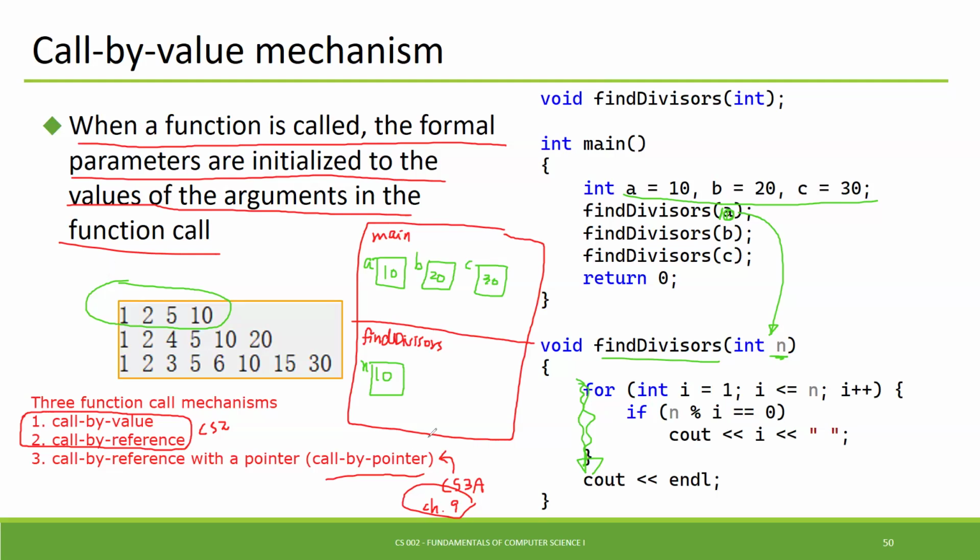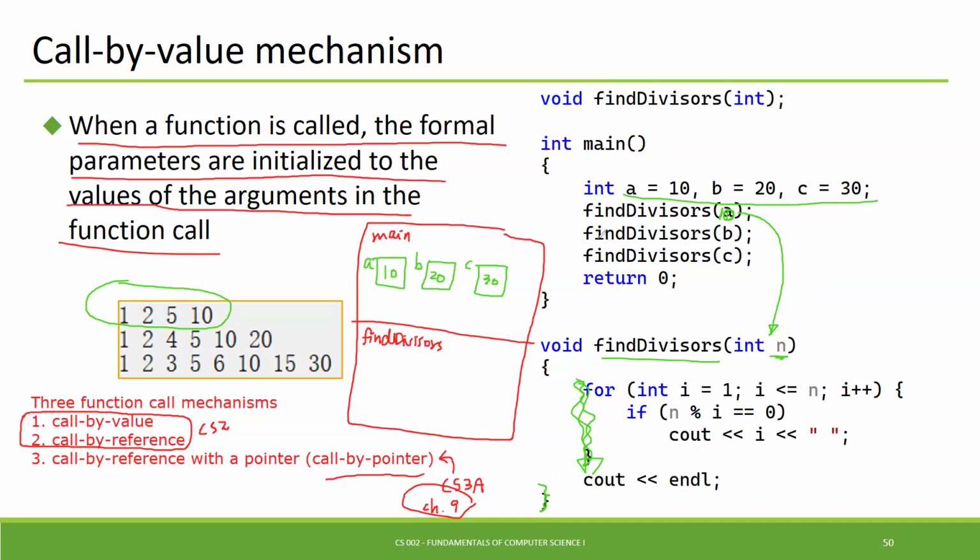After this, when the function ends, this will be gone. So now find the divisors does not have any spaces, any variables. And then computer control will go back to the main.